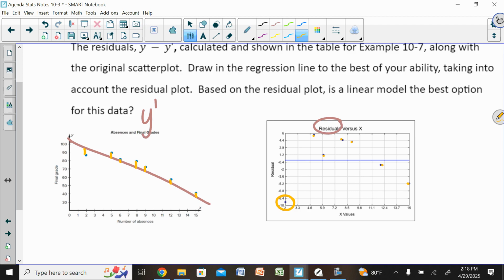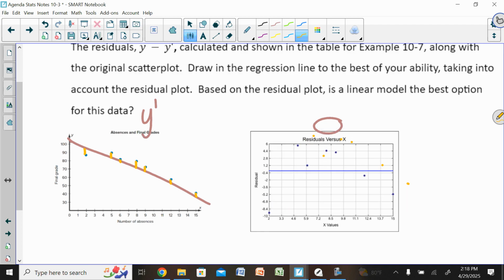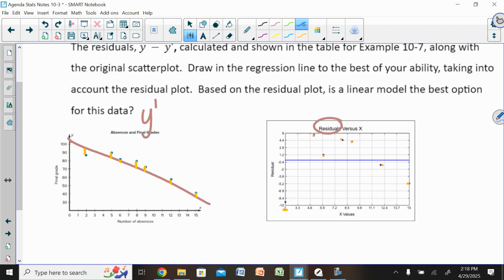When I look at that, I actually don't really love my linear model for this because I see somewhat of a pattern. To me, that looks almost like I've got a low point, and then I've got a bunch in the middle up high, and then I come back down below my 0 line. So that almost looks like a frowny face. So I am not sure if a linear model is actually going to be a good representation.